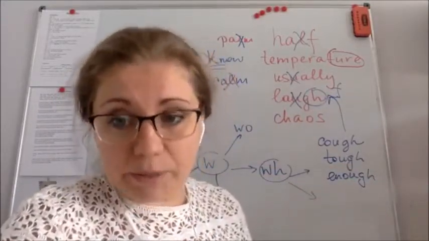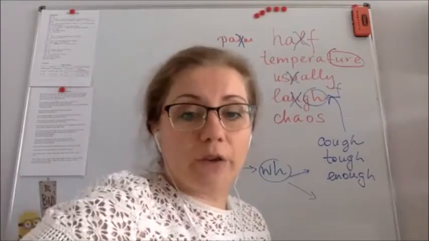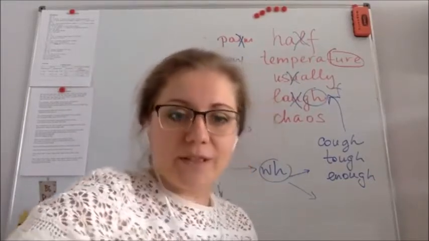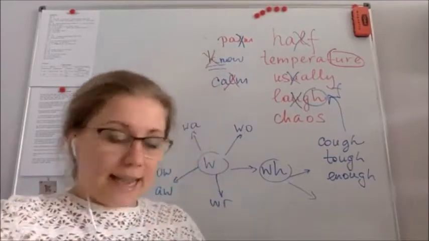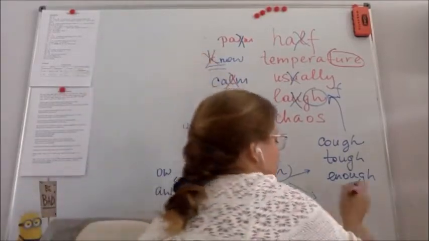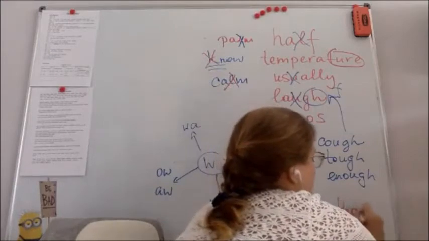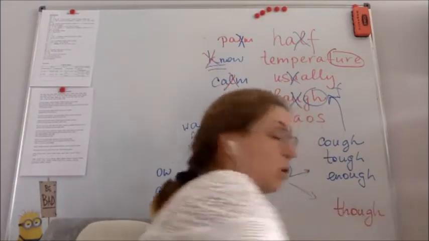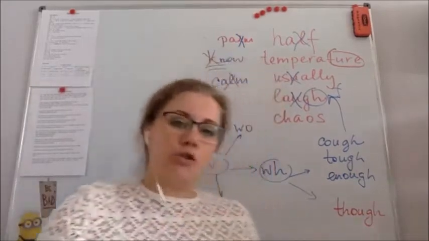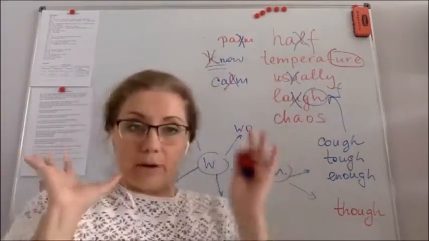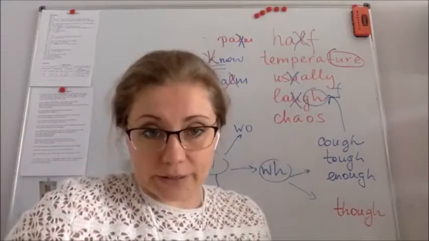This simple F. So what about though? This is one of those 5 things, and though is spelled the same way. That's why I tell you it's not a rule. So you just remember, okay, there are 5 words like that, and that's all.